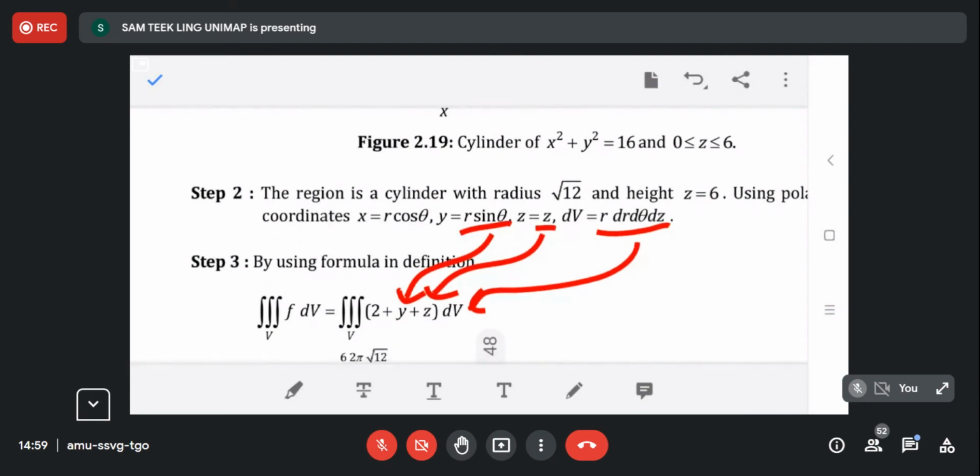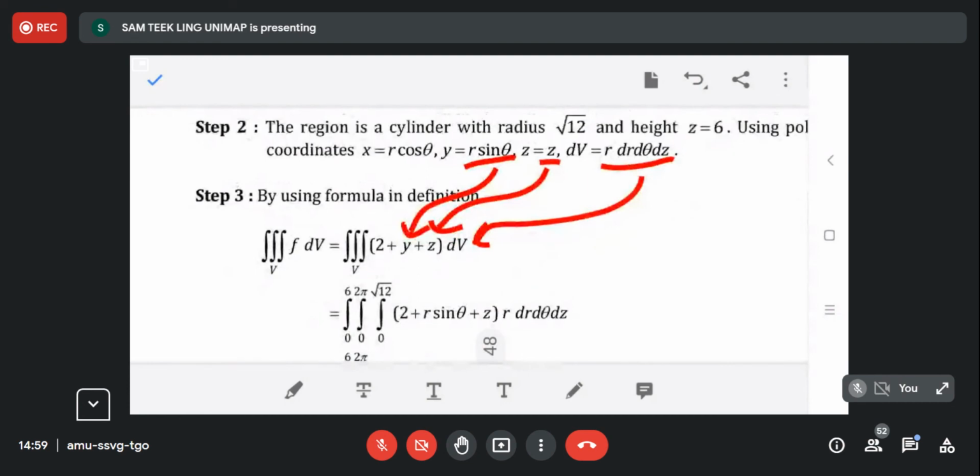So you will get the second one. My y, my z, and my dV are replaced by r, theta, z as variables, which is your polar form.